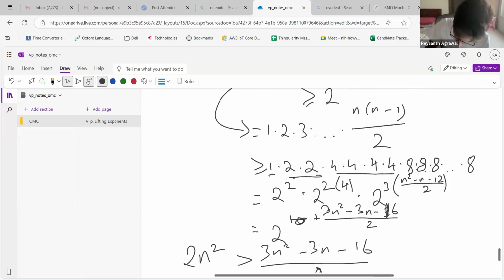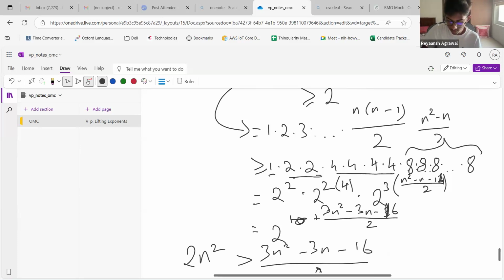Okay, my bad, this is 14. So we have these 7 terms, and then the total number of terms is n square minus n by 2, right? So it's n square minus n by 2 minus 7, and that's just n square minus n minus 14 by 2. Thank you.